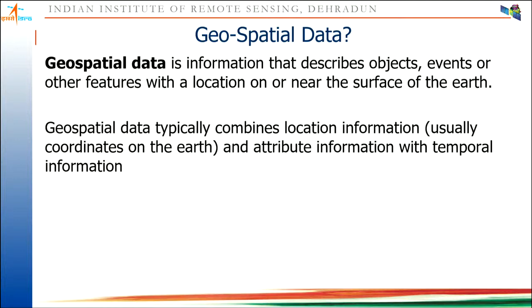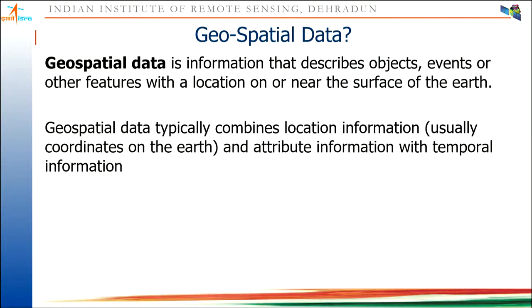Geospatial data is any information that describes objects, events or other features with a location. It may be on the surface of the earth. So any location on the surface of the earth having data of its location will be called geospatial data. Geospatial data combines location information, attribute information and temporal information.